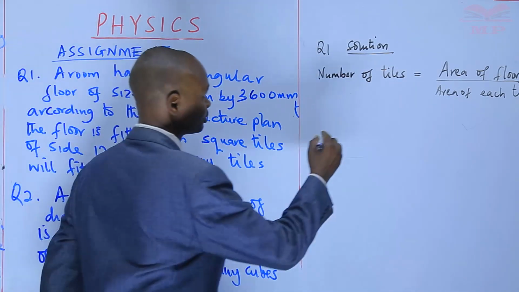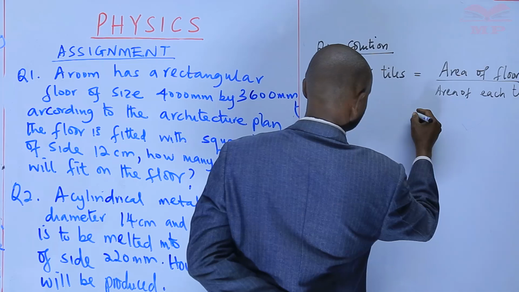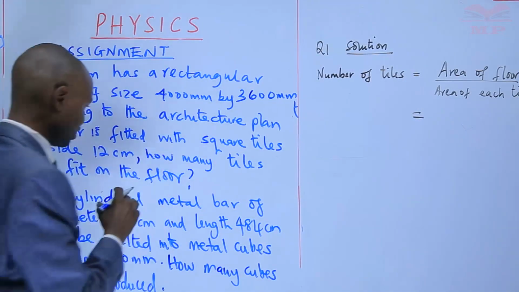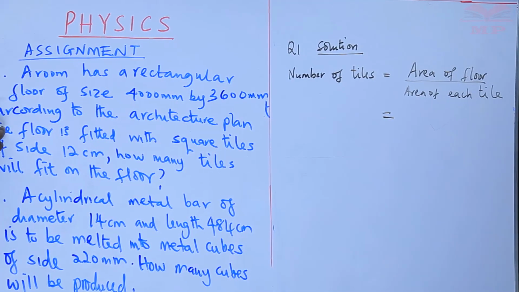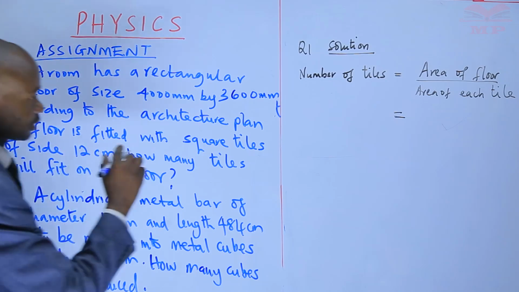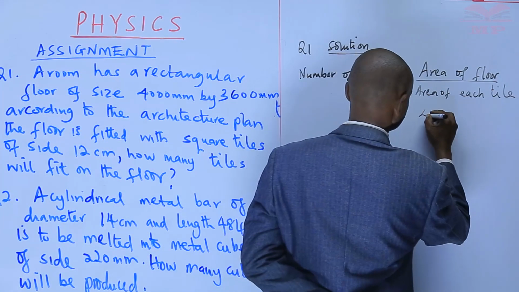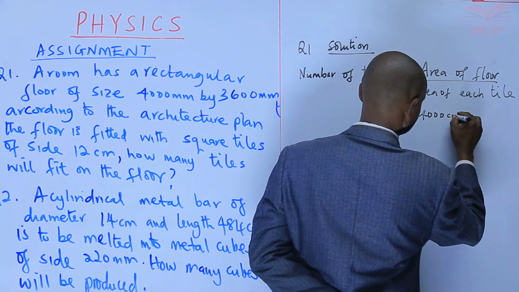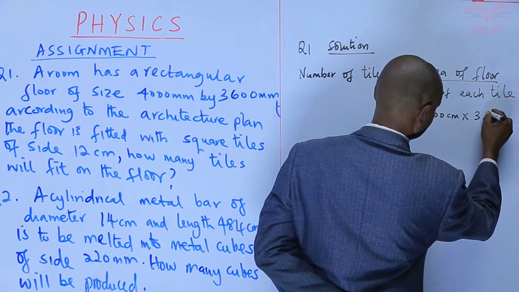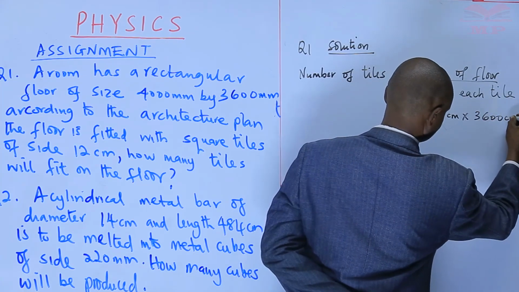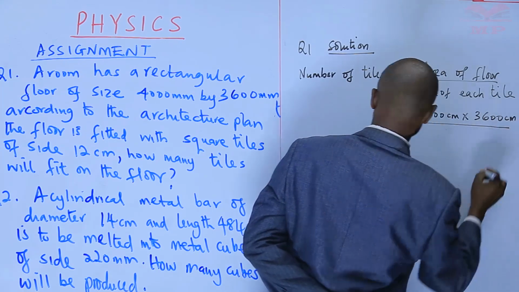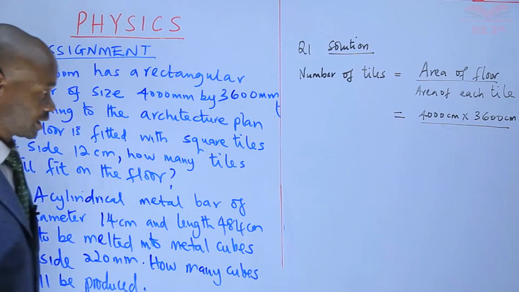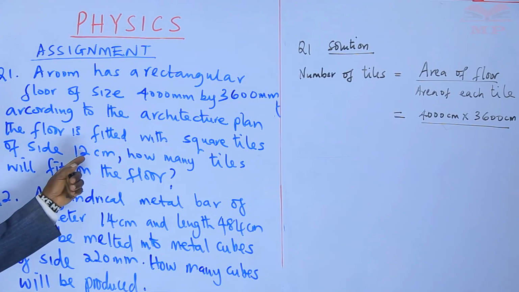So the area of the floor, you are given the dimensions of the floor. So that is 4,000 millimeters times 3,600 millimeters. Each tile is of square shape of side 12 centimeters.